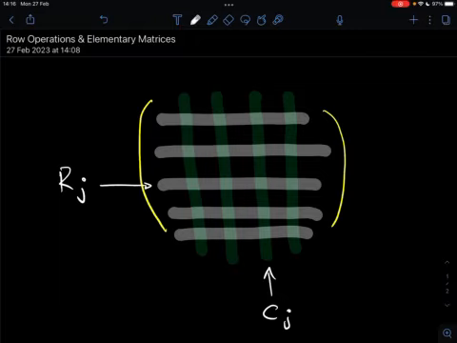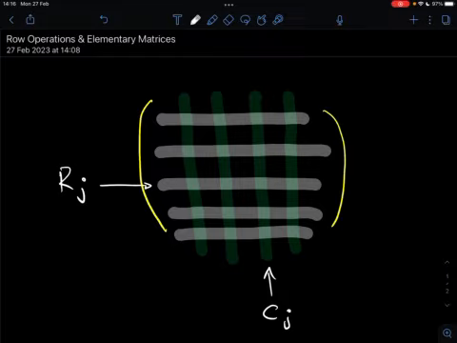So this is exactly what we are going to do at this point. First we introduce this notation, and after we've understood how it works, it will be time to start a discussion on the operations that one can do with the rows of a matrix or the columns of a matrix.